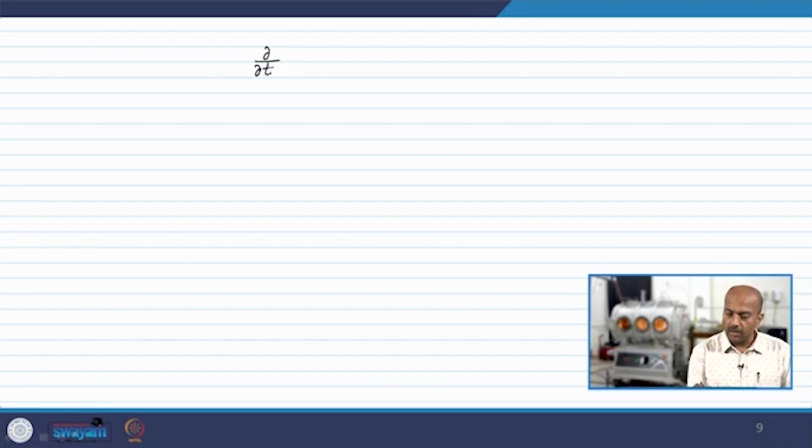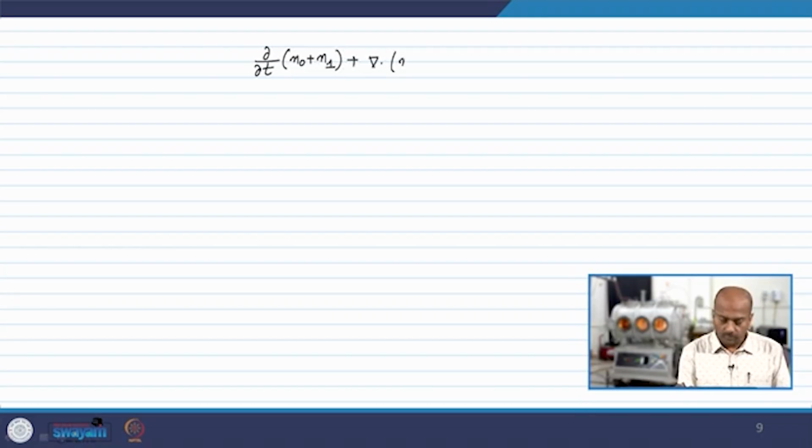So, we can write ∂/∂t of (n0 + n1) plus del dot (n1 + n0)(u1 + u0) is equal to 0.